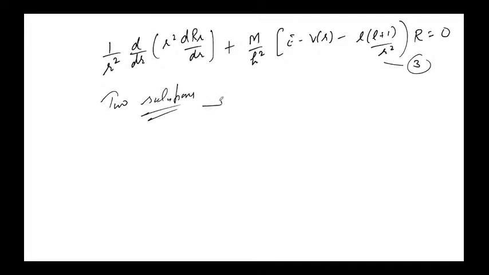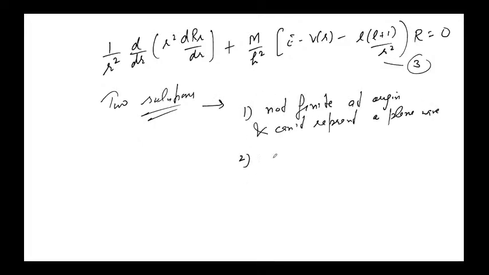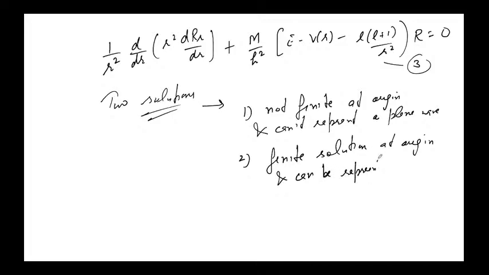One is infinite at the origin, and the second is the finite solution at the origin, and it can be represented in terms of the spherical Bessel function.